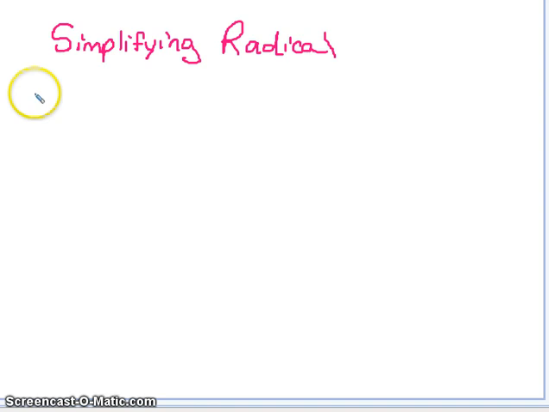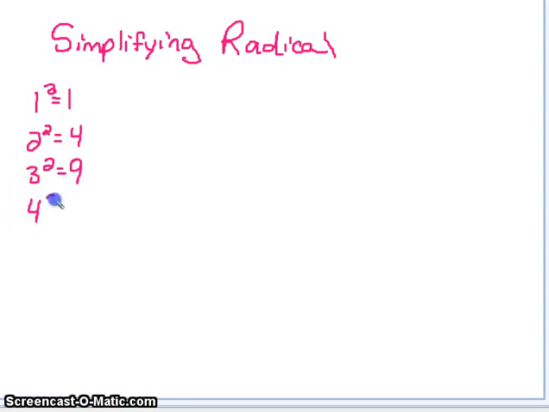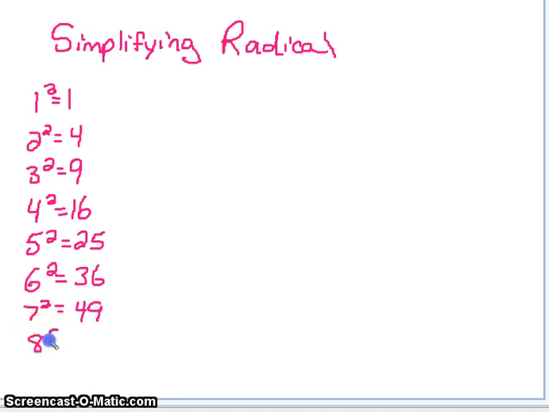So here we go. We have to first constantly remember that 1 squared is 1, which doesn't help us a whole lot here. 2 squared is 4. That's very important. 3 squared is 9. 4 squared is 16. 5 squared is 25. 6 squared, 36. 7 squared, 49. 8 squared, 64. 9 squared, 81.